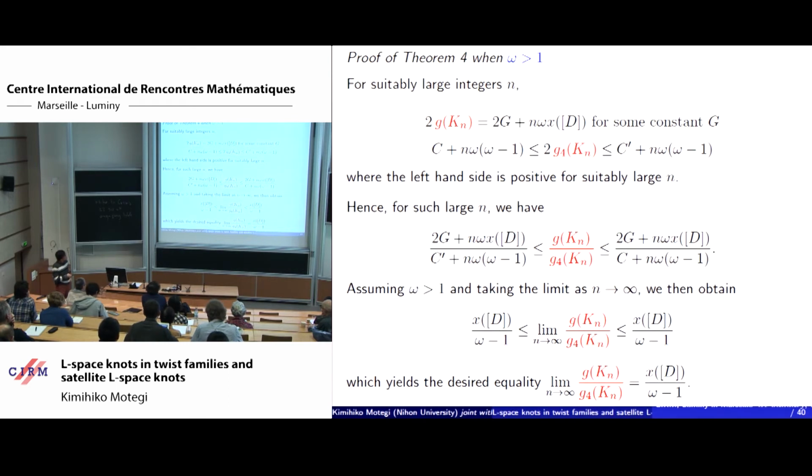So this means that the ratio of the genus of Kn to the slice genus of Kn equals the Thurston norm over omega minus 1, as I mentioned. And so, as I mentioned, these values attain any rational number greater than or equal to 1, possibly infinity.